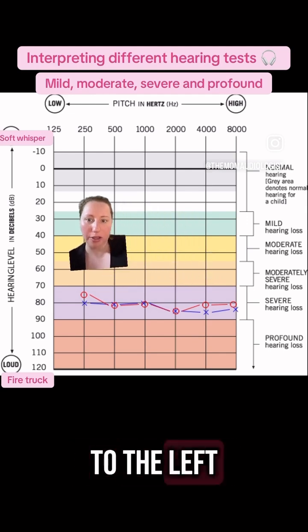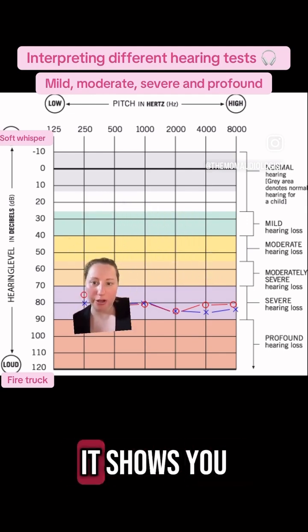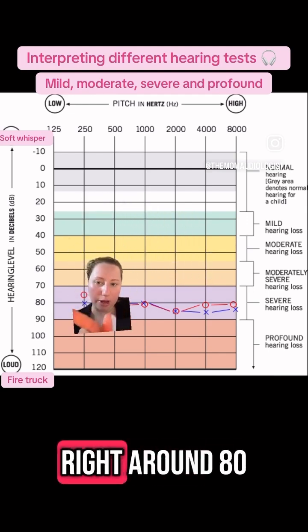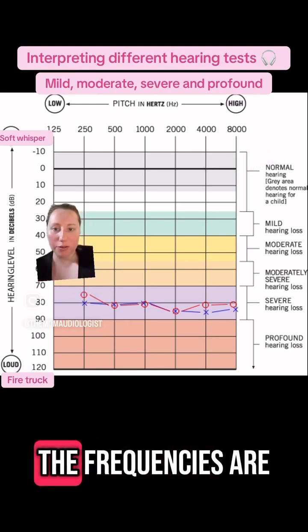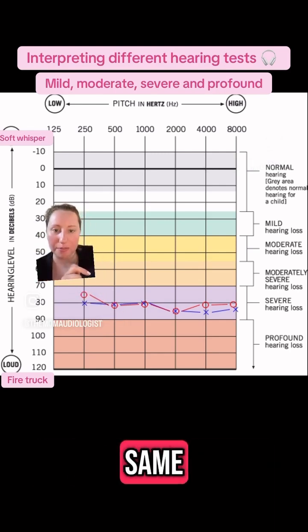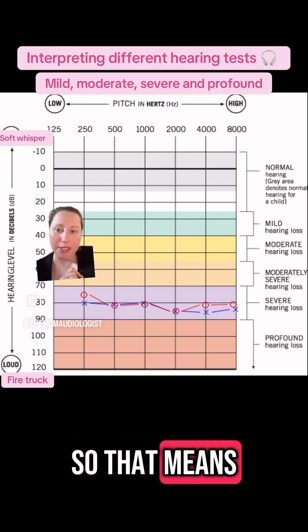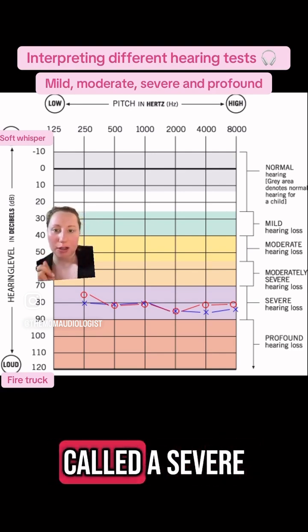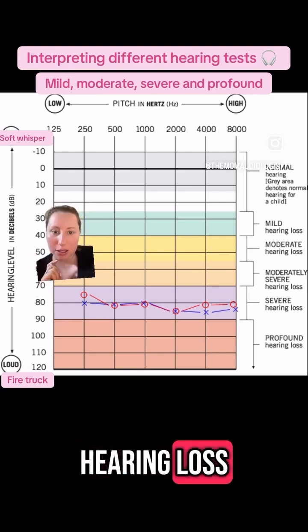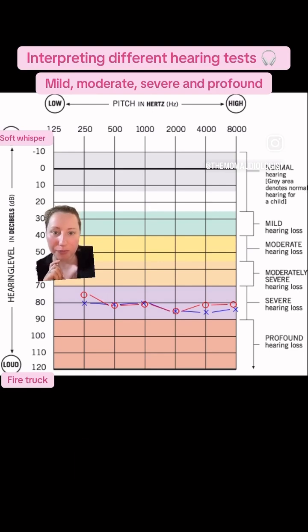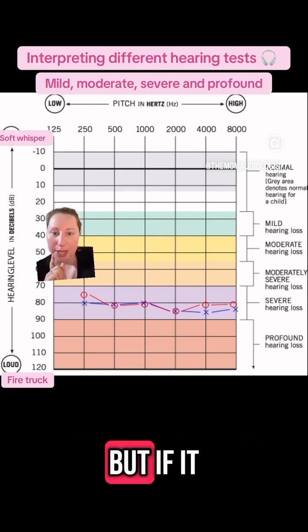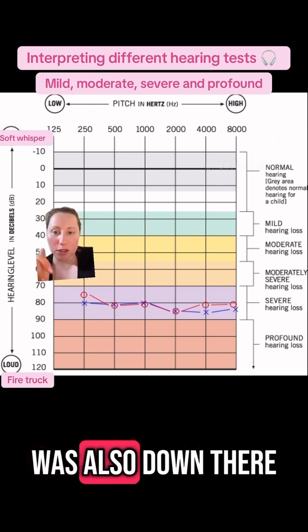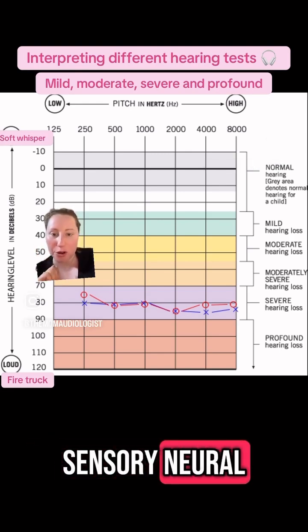See over here to the left, the graph shows it's right around 80, and all of the frequencies are about the same. So this hearing test would be called a severe hearing loss bilaterally. Again, there is no bone conduction testing here, but if it was also down there, it would be sensory neural.